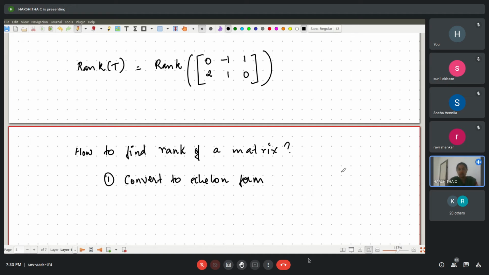You can use row or column transformations, but let's just stick to one using row transformations. After you convert it, you just count the number of non-zero rows.